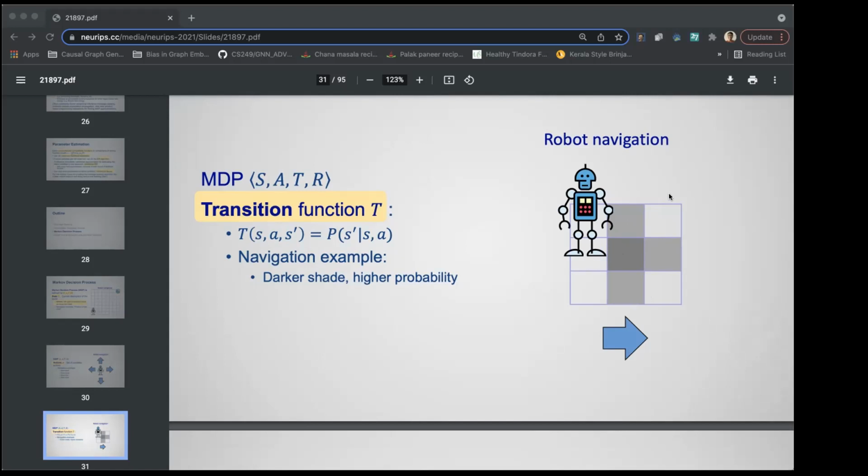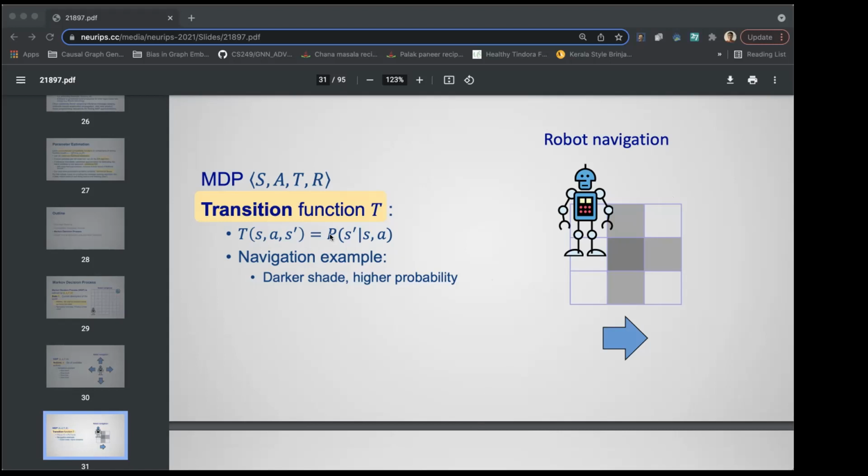And for the transition function, because you mentioned it's deterministic at this moment, the transition probability is going to be 1 to that specific cell. Yes, great. That's the answer I was looking for.